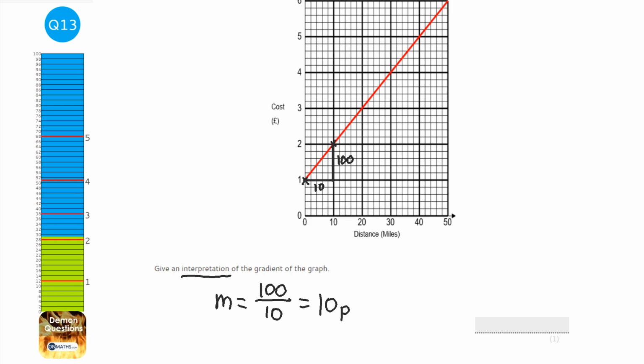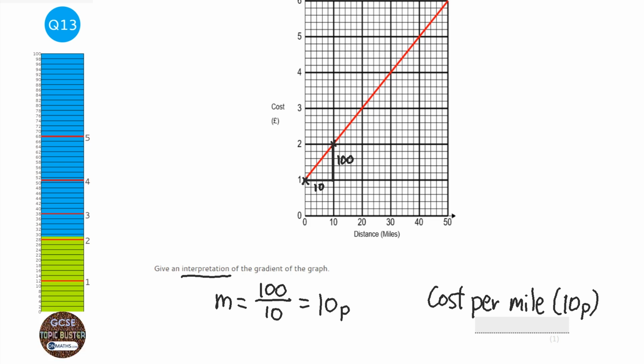So the gradient is the cost per mile, and I'm going to put in brackets 10p. Now it could be that just writing the cost per mile for this question would give you the mark, but if you actually wrote the gradient as well, then you definitely get the mark, and sometimes it will ask you for the gradient and then ask you to interpret it.